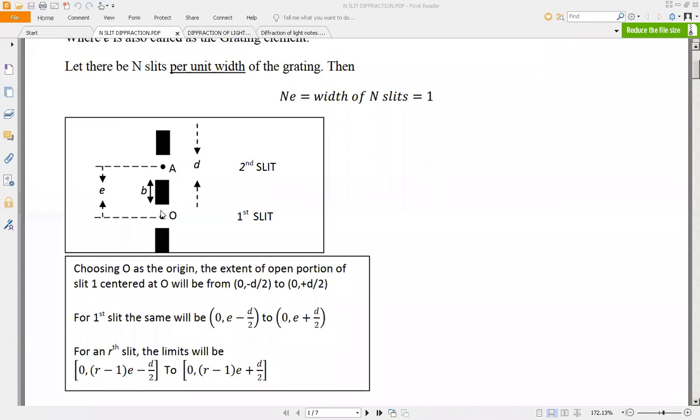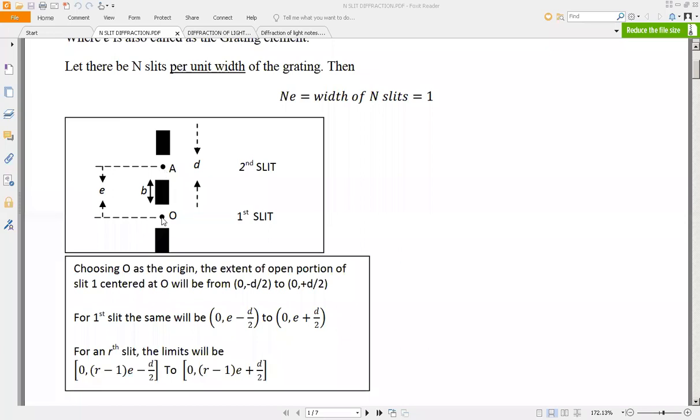So this portion is d by 2, and similarly, just above this patch until point A, what is this distance? Is it not once again the same d by 2? Please try to understand. Right? Okay.